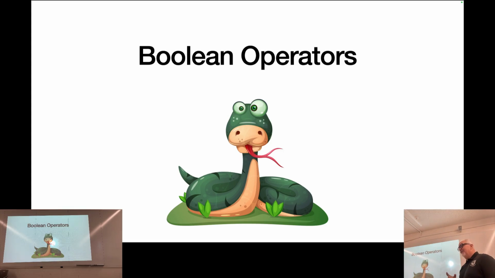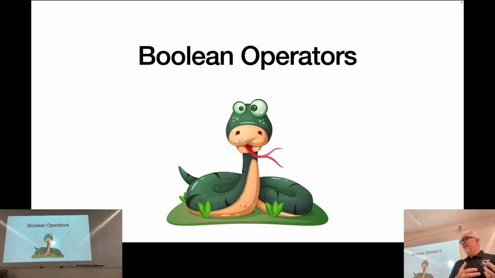As if that wasn't enough, we have what are called Boolean operators. Now, Boolean operators run the risk, because of their name, of being confused with the Boolean data type, which is either true or false. Boolean operators and Boolean data types both come from the same type of logic, which is called Boolean logic.